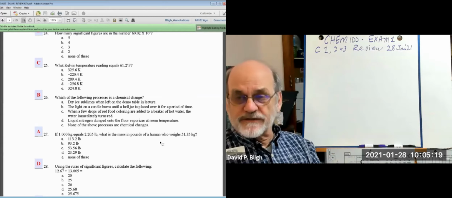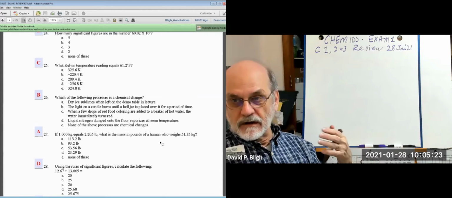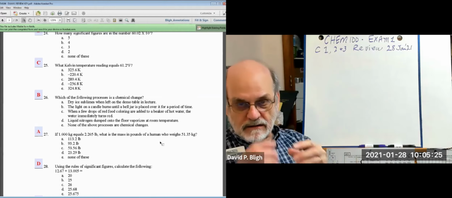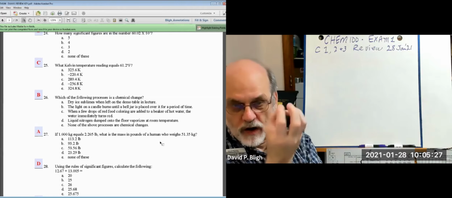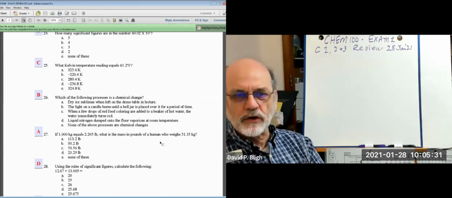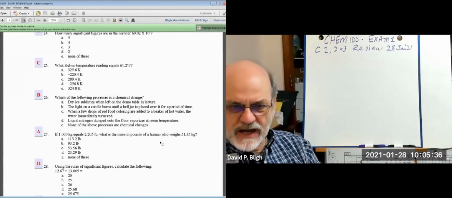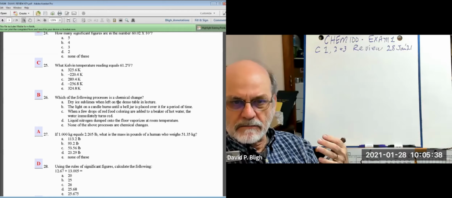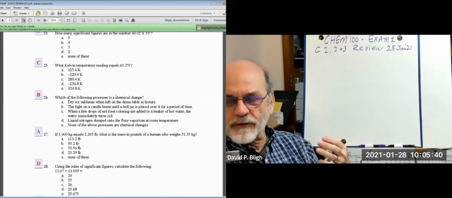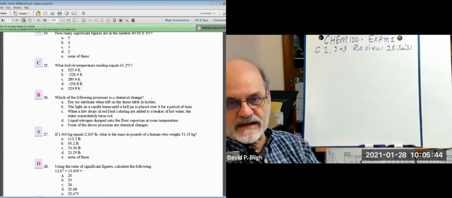If you just change the phase, like melt ice or boil water, you haven't broken any bonds of the molecule of water. The water still has its identity. So we look for any of these that have changes that reference breaking of bonds, changing of identity.